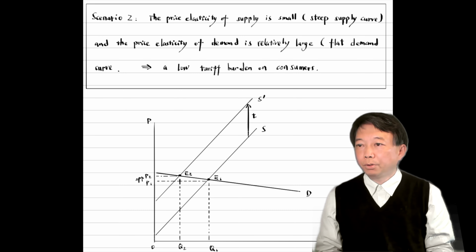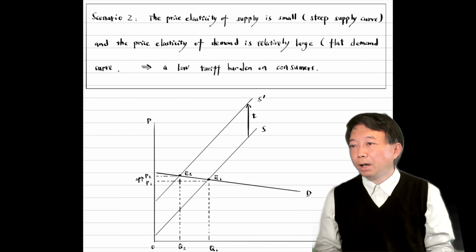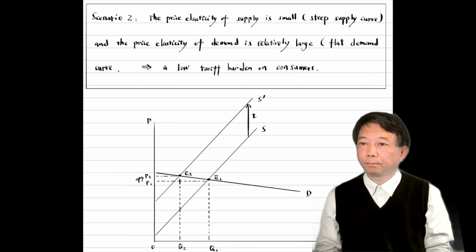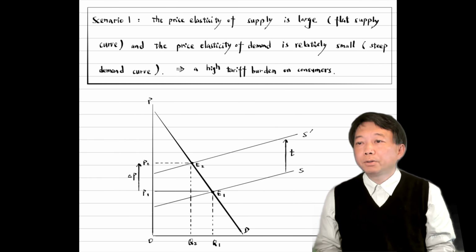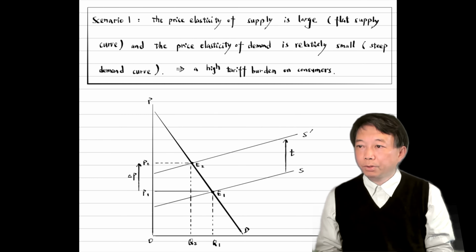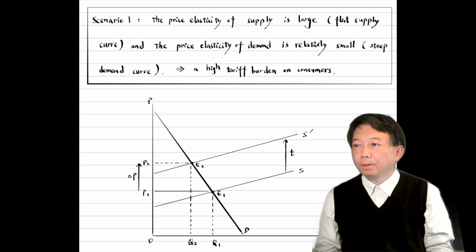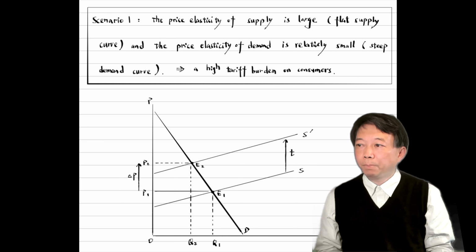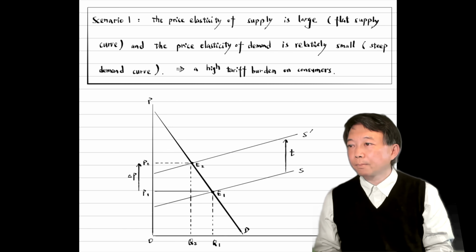This corresponds to scenario 2, where the price of imported goods rises only slightly, and consumers bear a small portion of the tariff burden. Conversely, if substitutes for imported goods are scarce, consumers must continue purchasing the product despite its price increase.